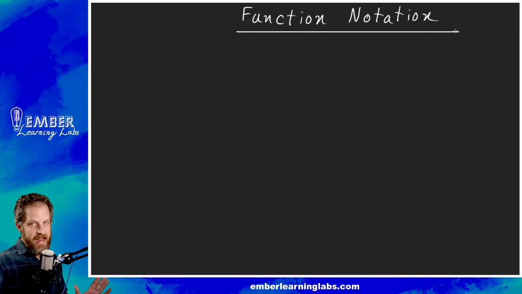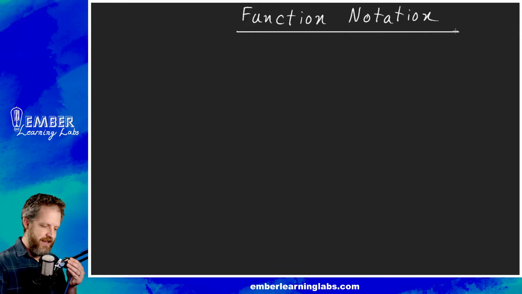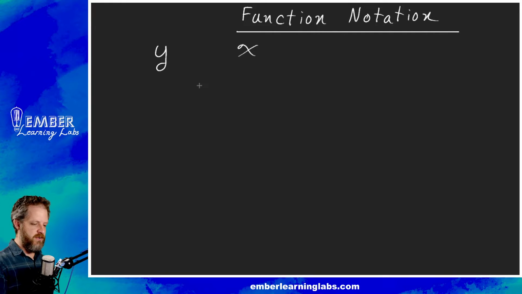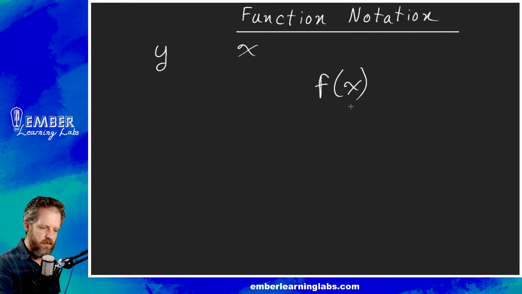So the absolute basics of function notation is that, if we have a graph, we have y and we have x. Now, for function notation, we have a new way to write y, and that's like this. I'll write down how to say this in a minute and what this means. Equals y. Now, how do we say this?